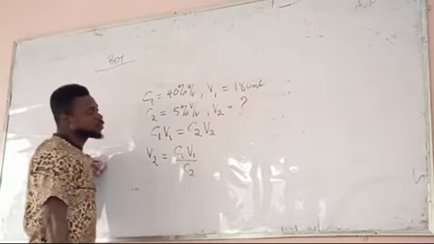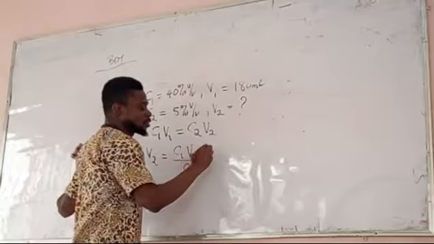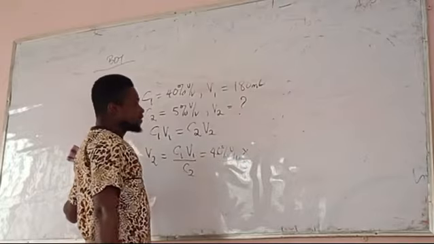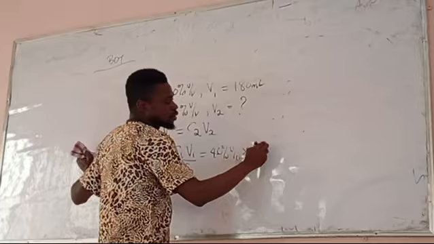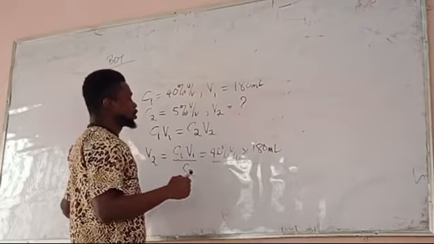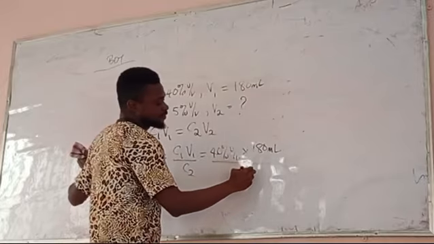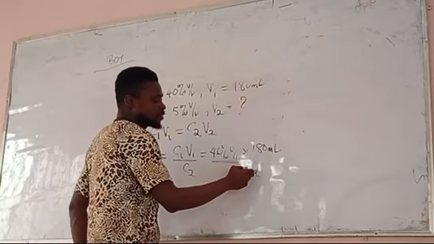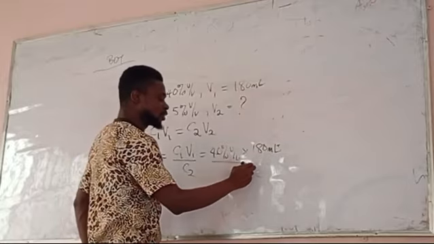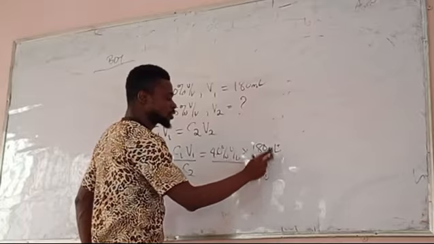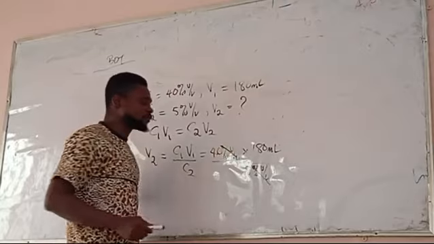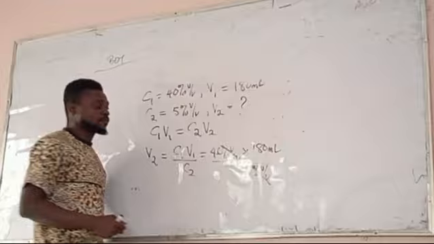So from here, C1 is 40% volume in volume times V1, which is 180 ml, over C2, which is 5% volume in volume. Percent volume in volume will cancel percent volume in volume.